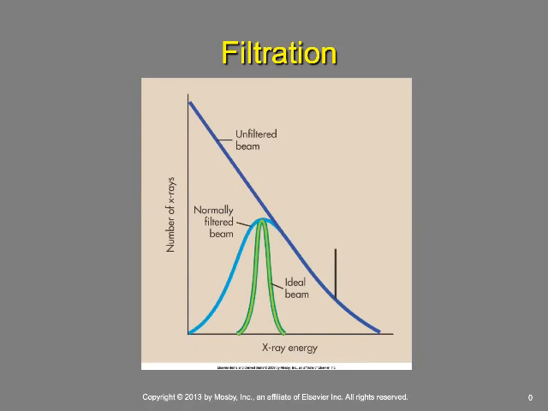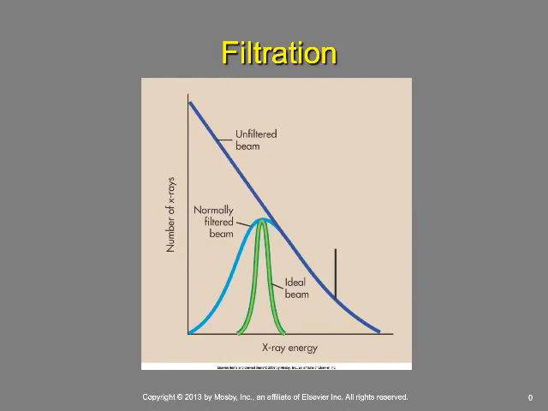So let's talk a little bit about ways that we can improve the detection of different half value layers. Well, it would actually be helpful to us if we had a narrower beam of X-rays. And by that I mean if we continued to have a spectrum of energies, but that spectrum was more clearly defined, right?